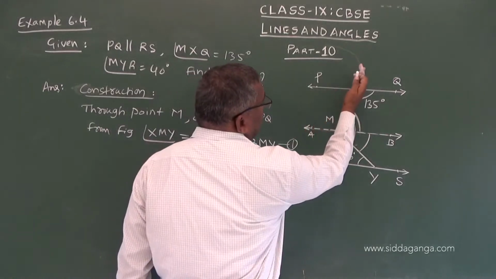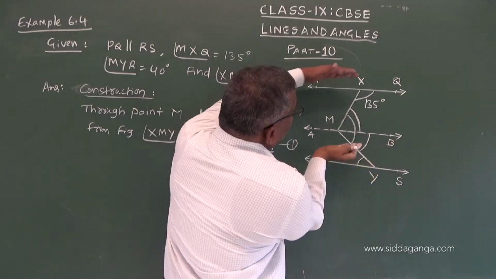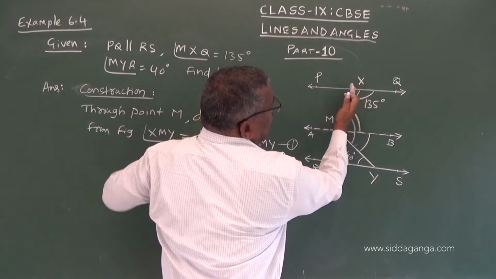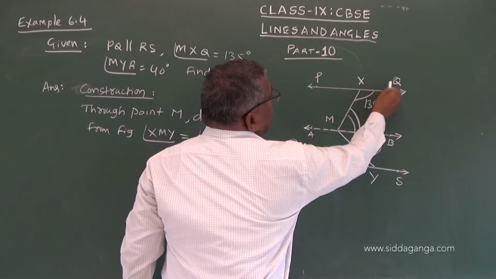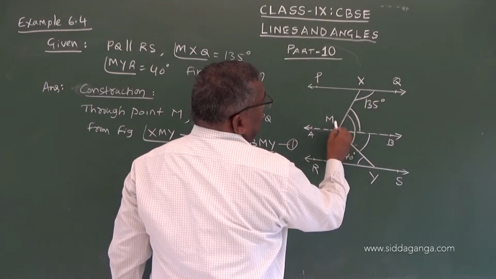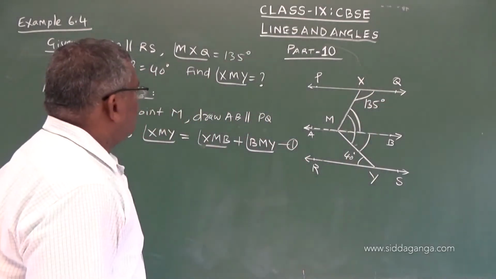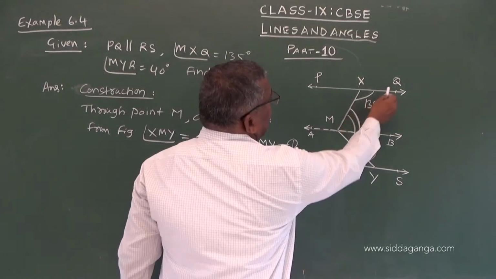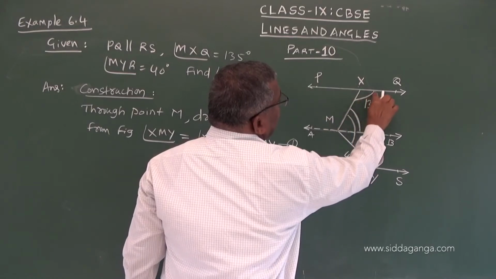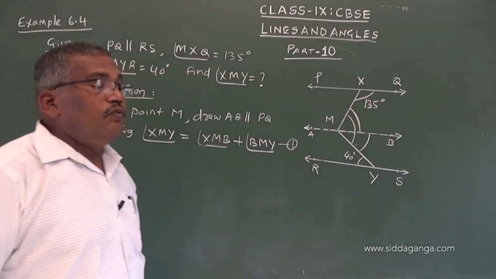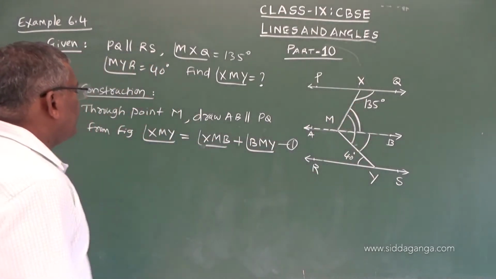If I consider XM as the transversal, PQ is a line and AB is a line, these two are parallel lines, this is a transversal. On one side of the transversal, two angles MXQ and XMB are internal angles. So we know that the sum of those two is 180 degrees because they are supplementary.